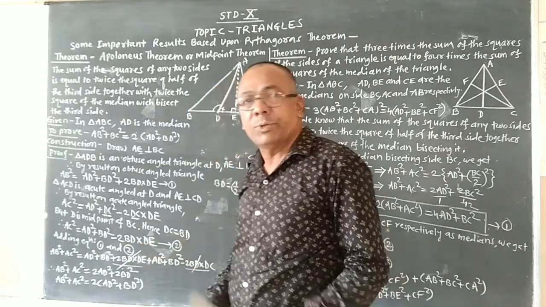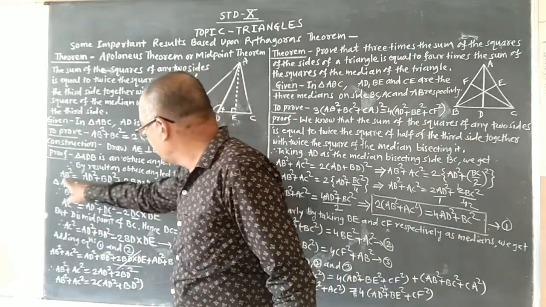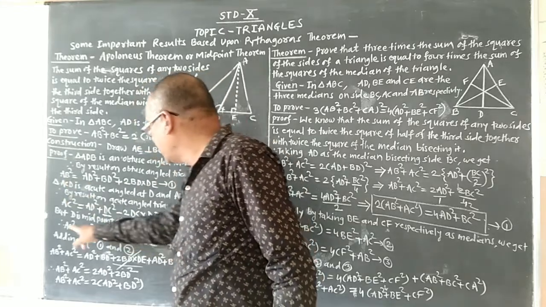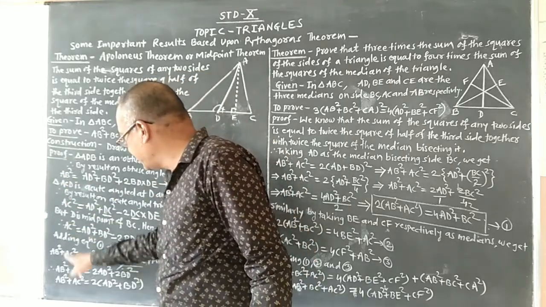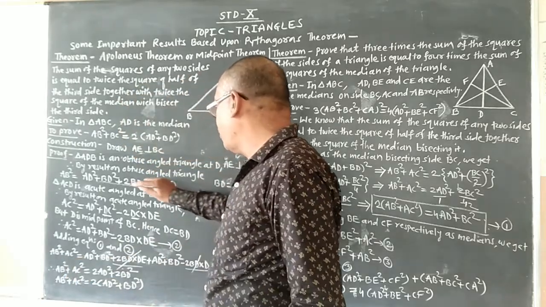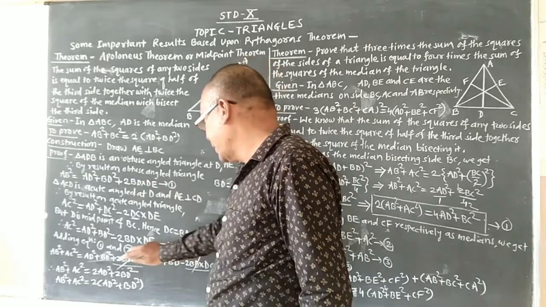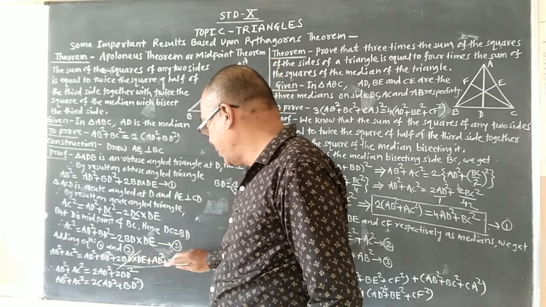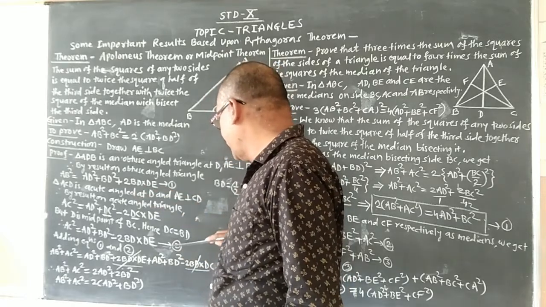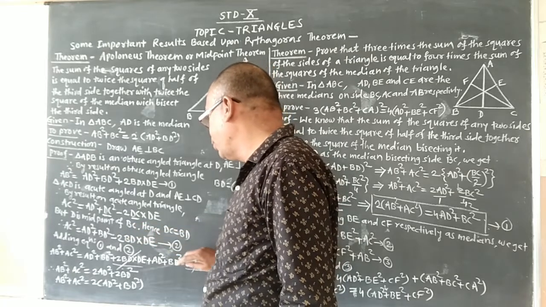Now adding equation 1 and 2 means LHS of first is AB square and LHS of 2 is AC square. So AB square plus AC square we get here. RHS of 1 is AD square plus BD square plus 2BD into DE. Then plus RHS of second equation is AD square plus BD square minus 2BD into DE.